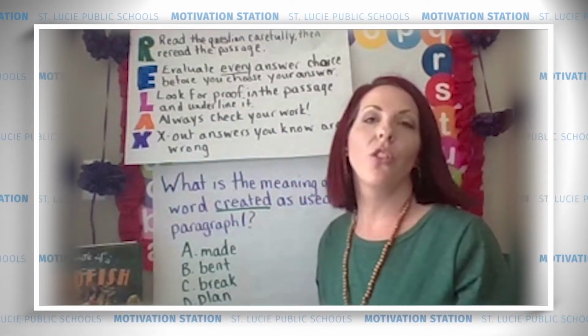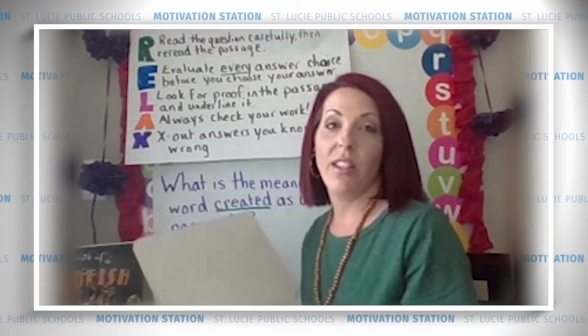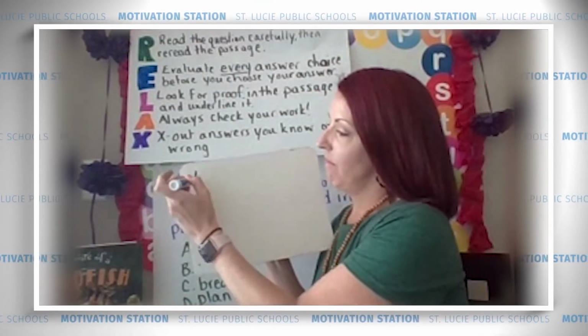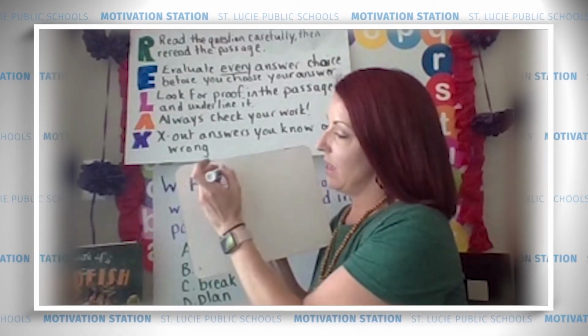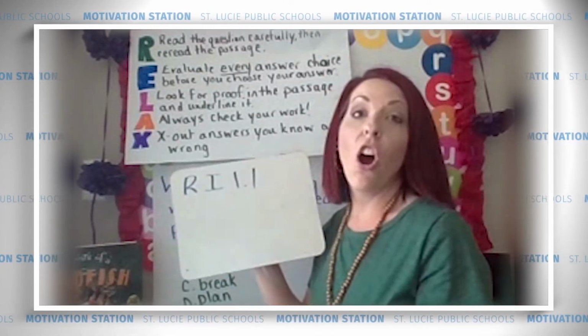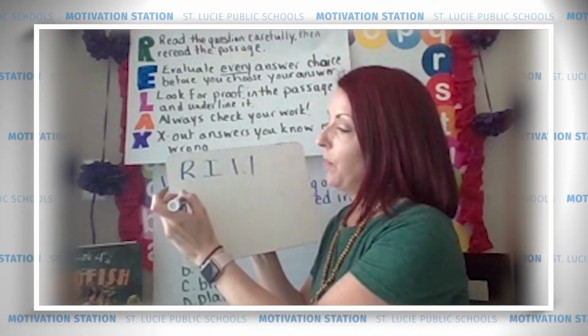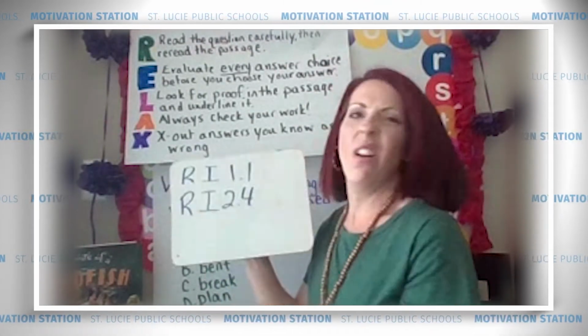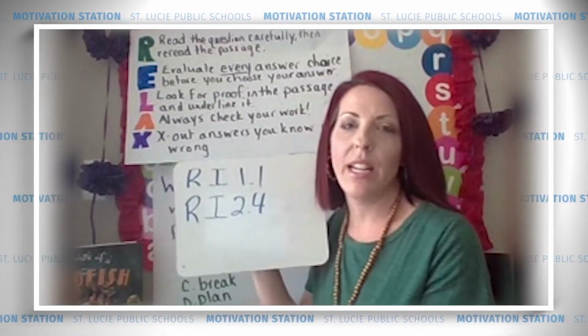So today, boys and girls, we're going to be talking about the standards of RI 1.1 and RI 2.4. And you're probably thinking, Mrs. Knapp, what are those numbers for in reading?